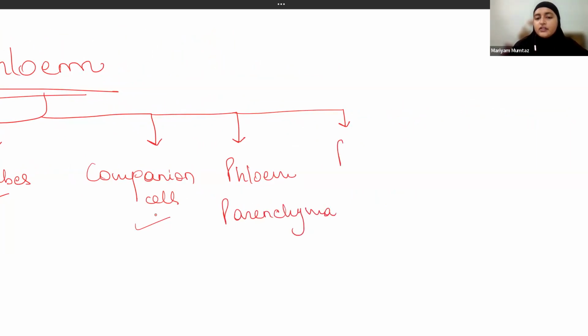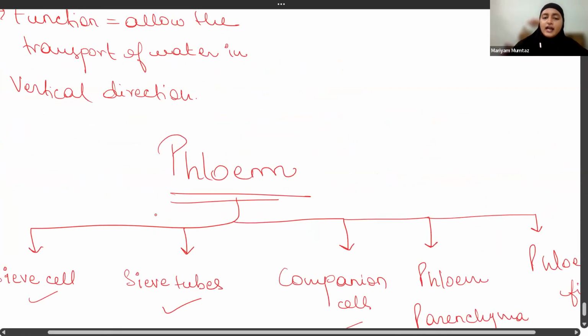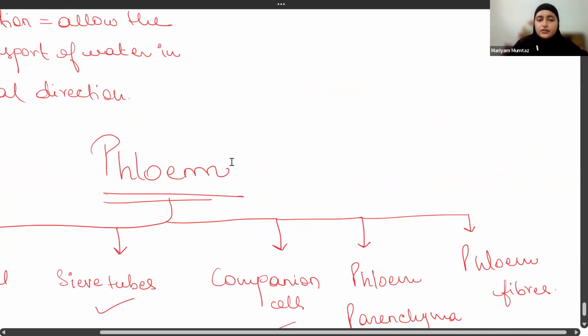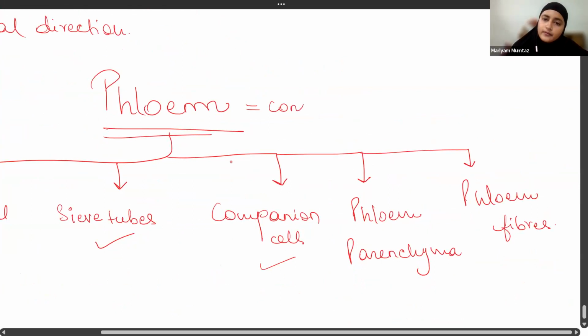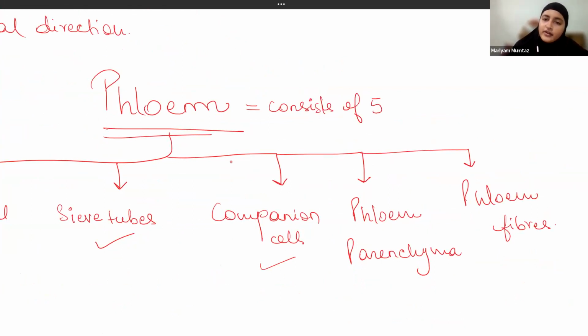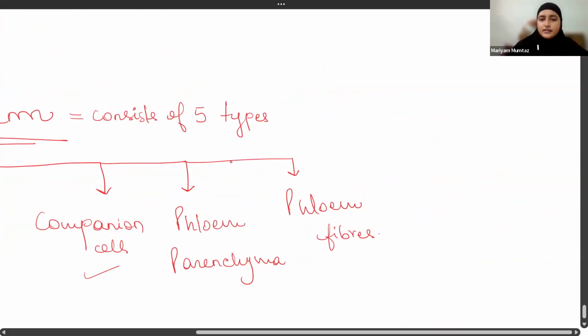So you can say that the phloem consists of 5 types of cells. Is it clear?